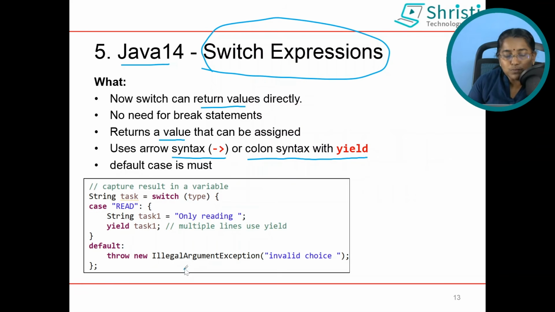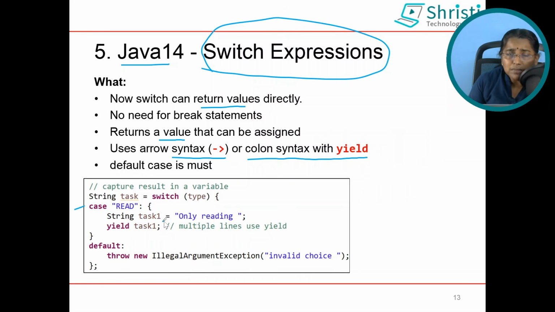So here I have a switch case. I have written the first case. This is the same syntax that we have been using. Value followed by colon. Now I have got multiple lines of code. Usually we don't add curly braces because we have a break statement. But now we are going to return a value, so put this within curly braces. Add all your functionality. Now you need to return a value.